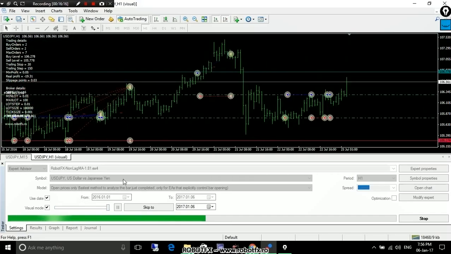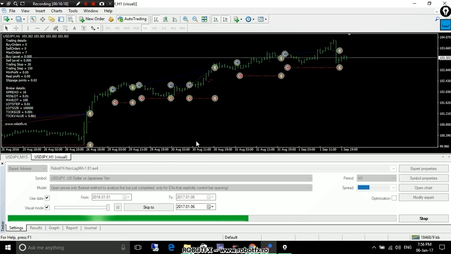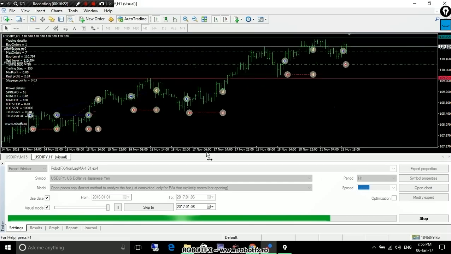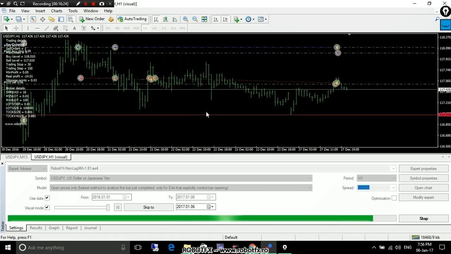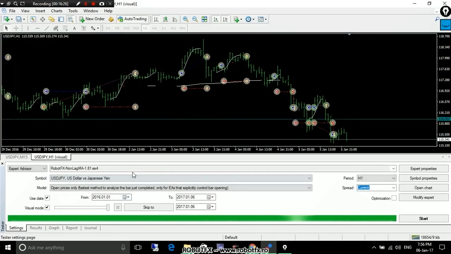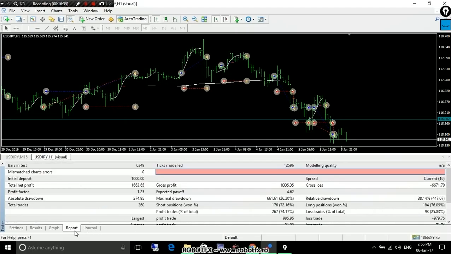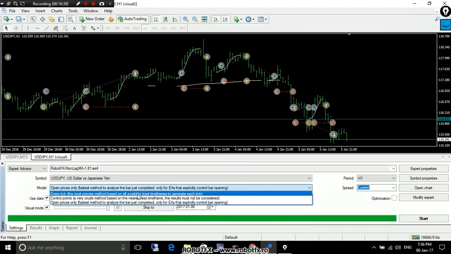I will let it run just to see and maybe explain as it simulates trading in the strategy tester. What happened for the year 2016? Very fast. Well, it was a good year, I guess. Drawdown very small, 25. All right.